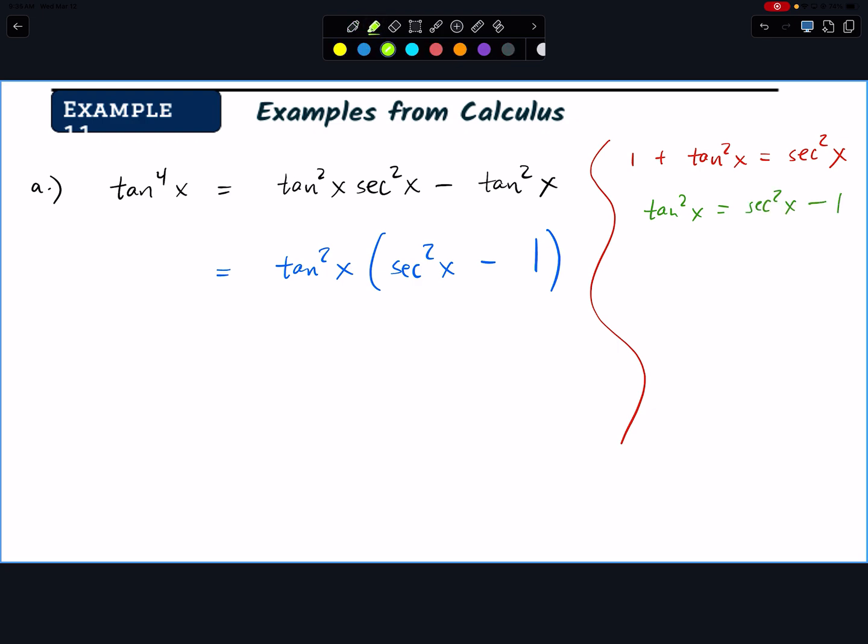So then I could take this and substitute that in right there. Okay? So this is going to be the same thing as tangent squared x times another tangent squared x. So what can I do with the powers? Just add them. So this is the same thing as tangent to the fourth x. Done.